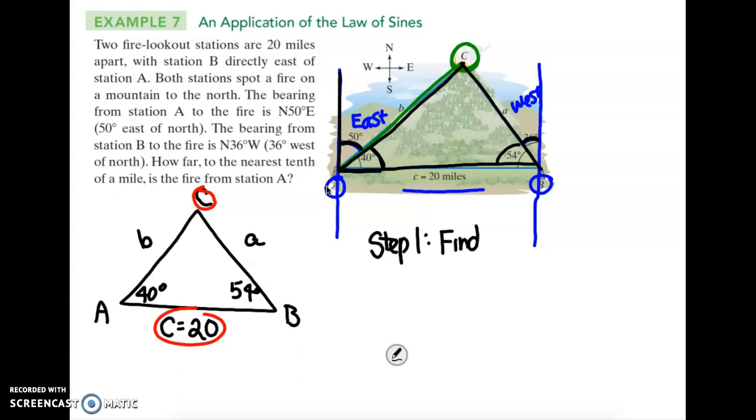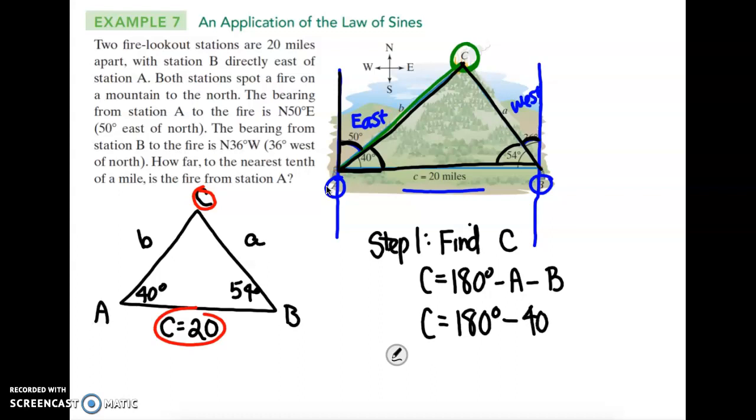How we find angle C is the triangle sum theorem. 180 degrees, subtract angle A and B. So angle C equals 180 degrees, subtract angle A, which is 40, angle B, which is 54, and we get that to be 86 degrees.